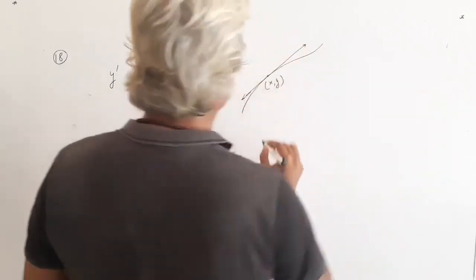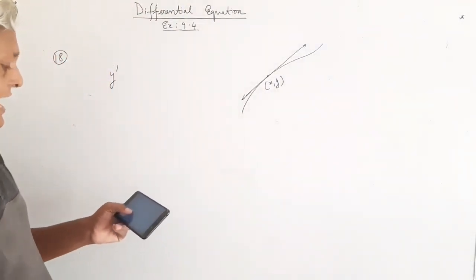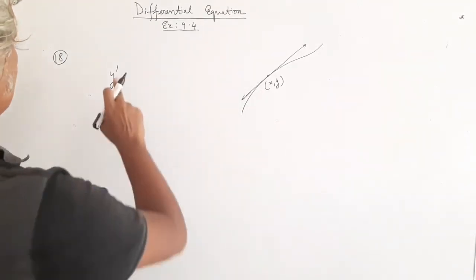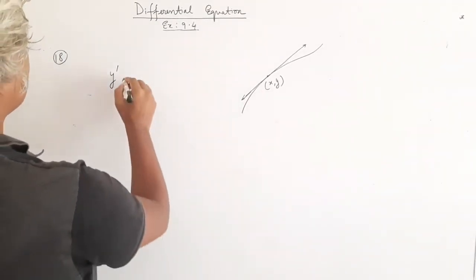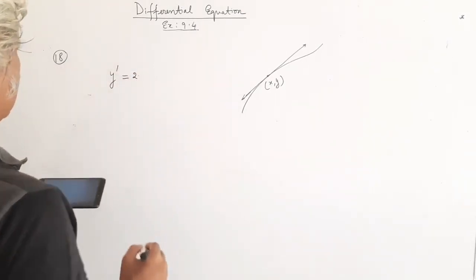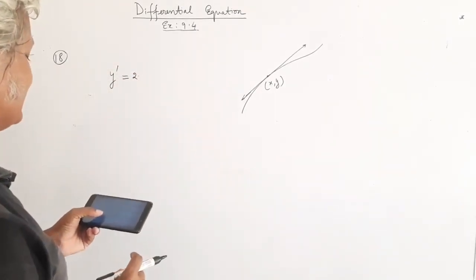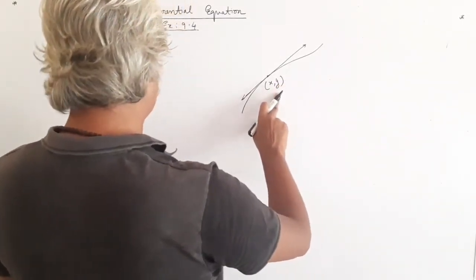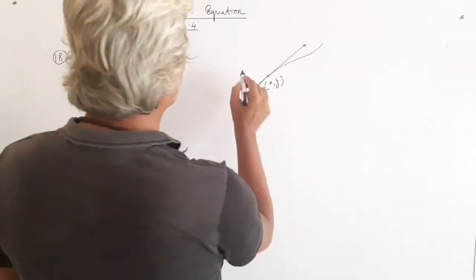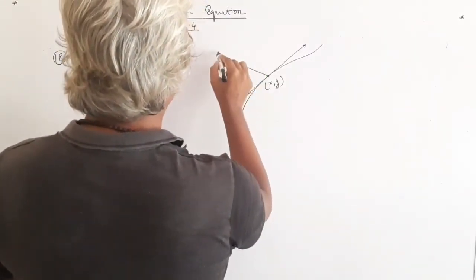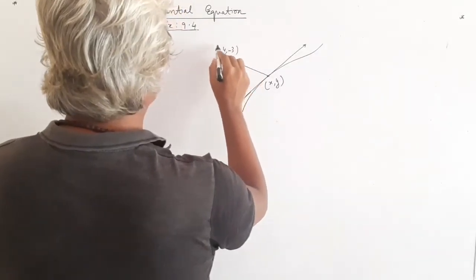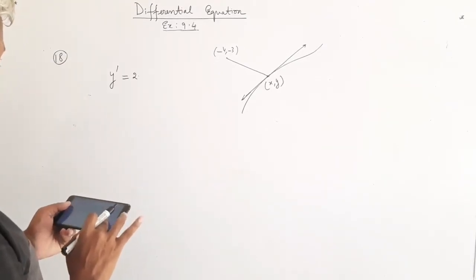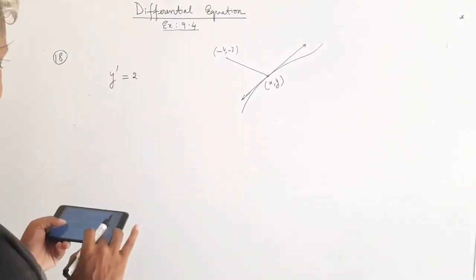So the slope of the tangent is equal to 2 times the slope of the line segment joining the point of contact to (-4, -3).